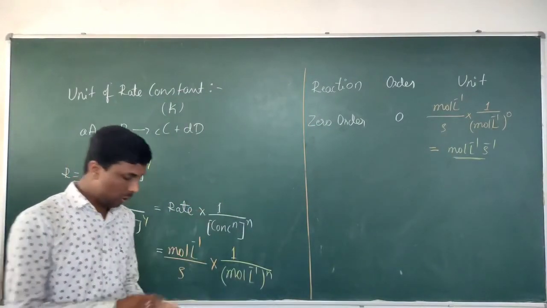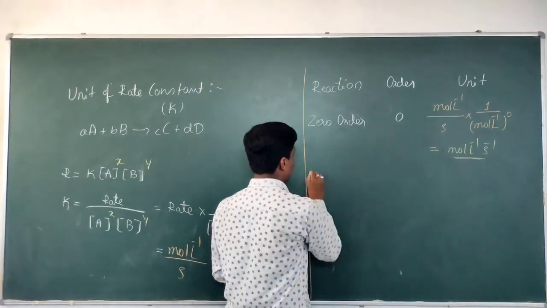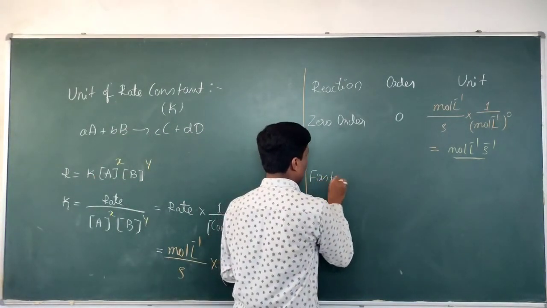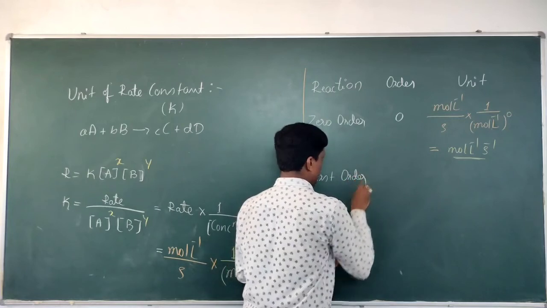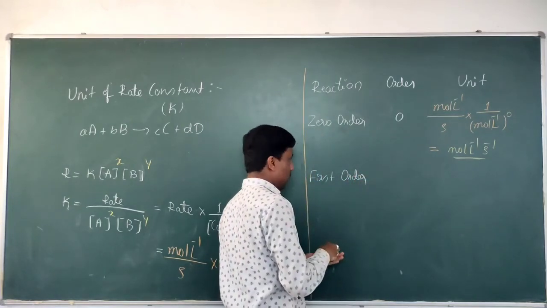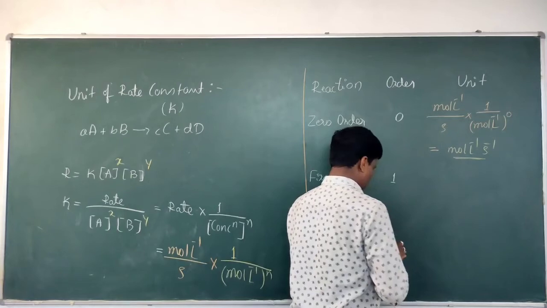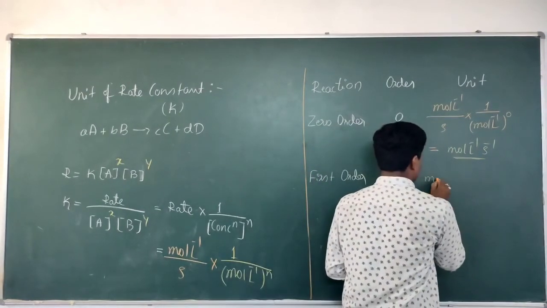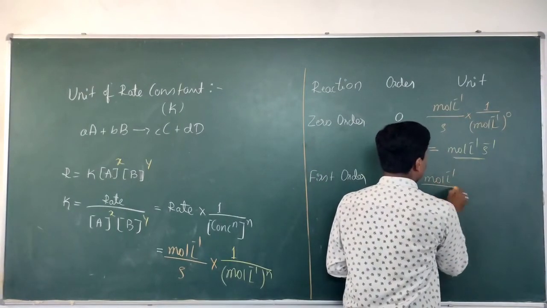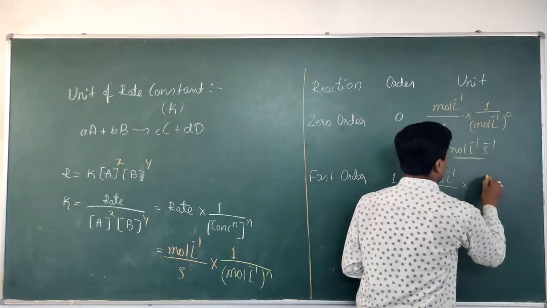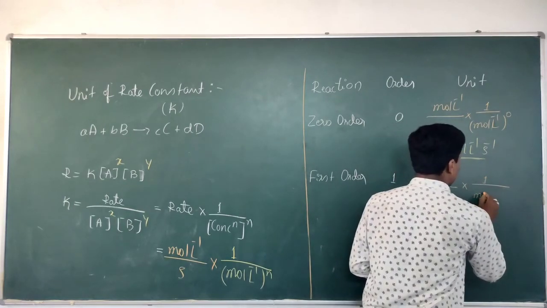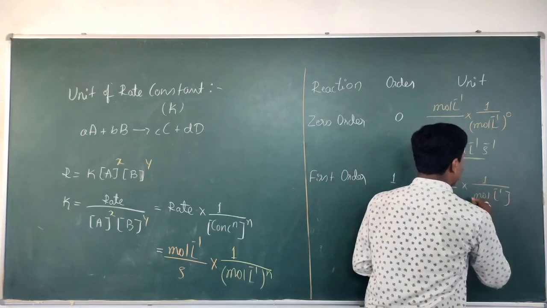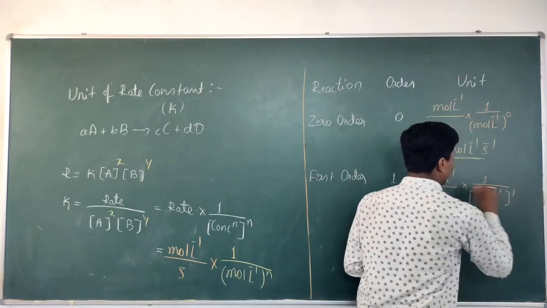Okay, calculate for first order. Here n is 1. Again, mole per liter per second into 1 divided by mole per liter raised to power 1.